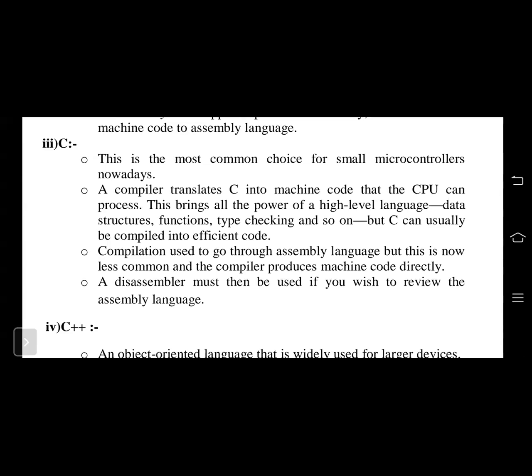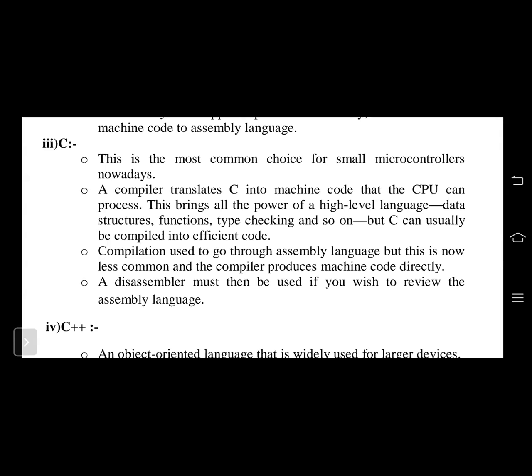So whenever you are using a high level language, these concepts will come: data structures, functions, type checking, in the sense of data types. Compilation used to go through assembly language, but this is now less common, and the compiler produces machine code directly.